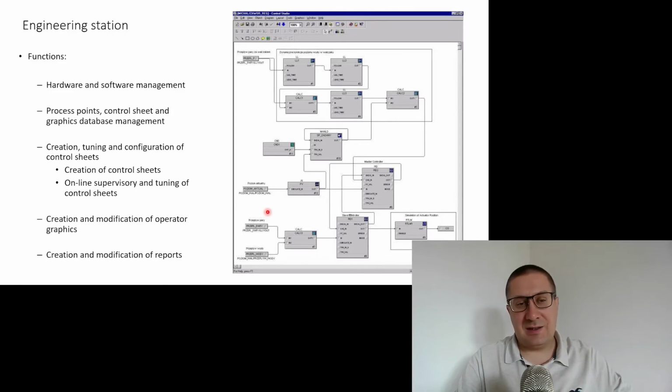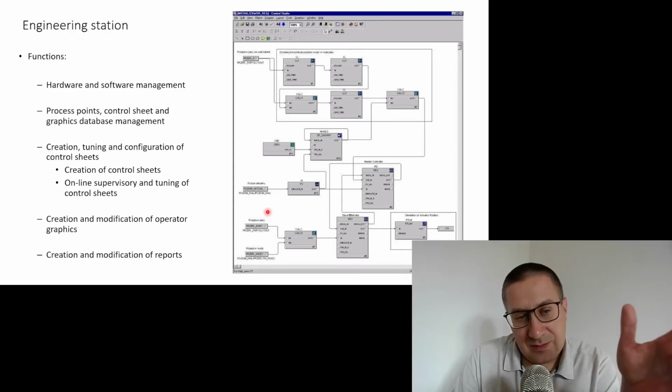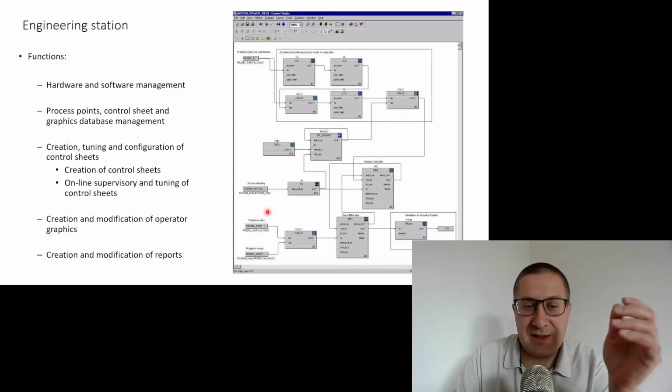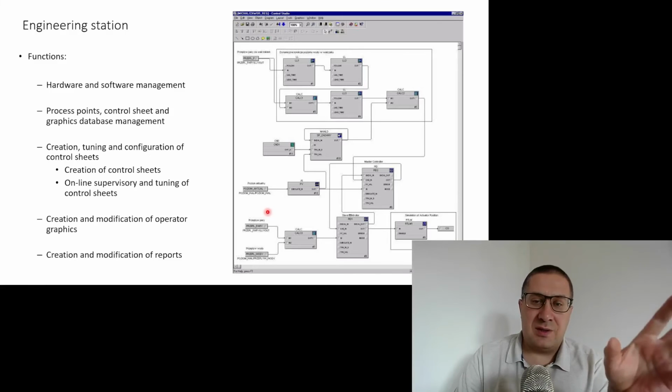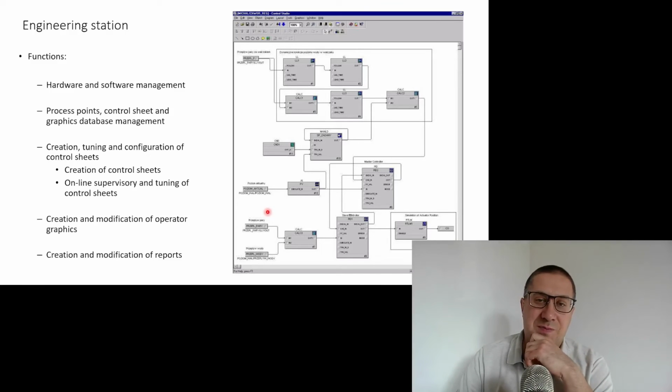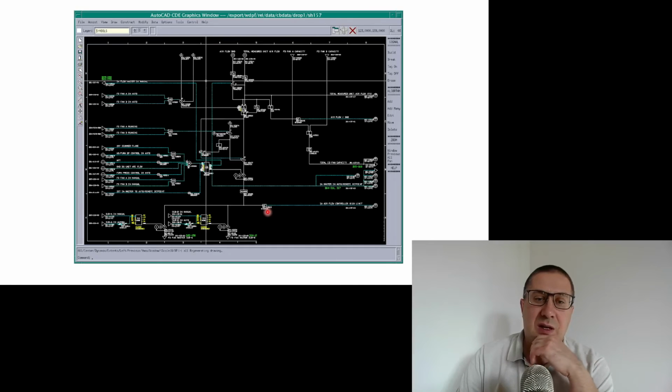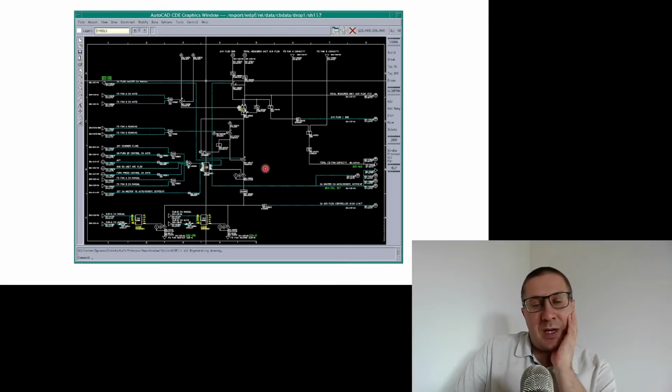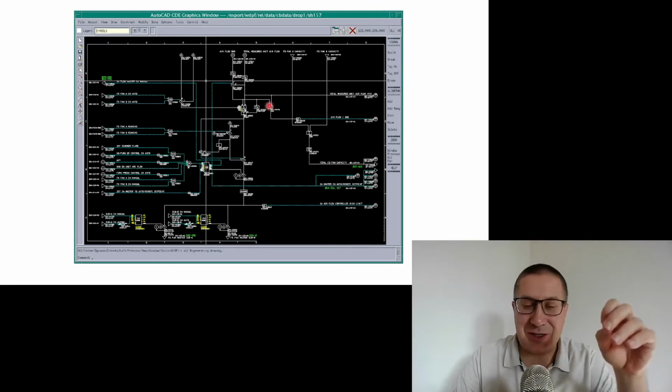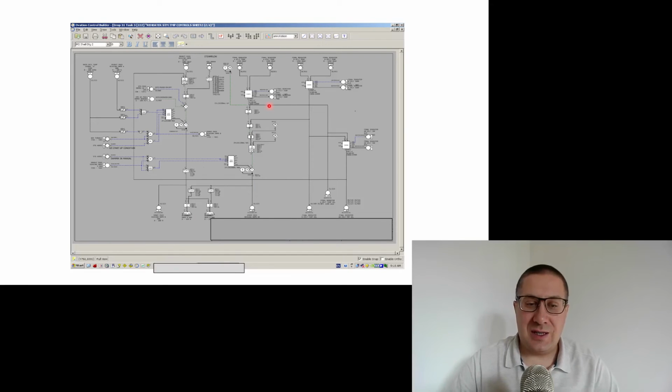We can supervise and tune our control algorithms. So we can create new algorithms using dedicated tools like this one.